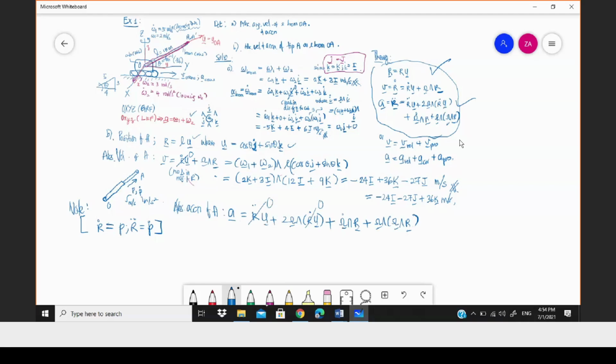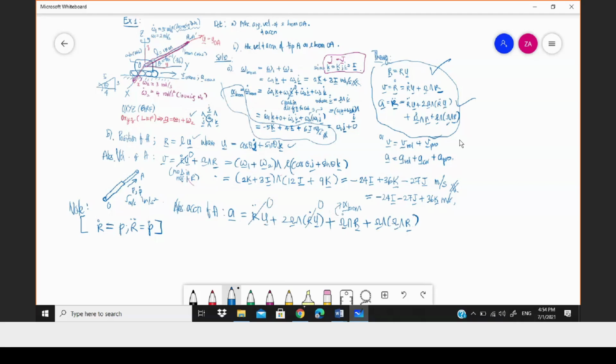So we have omega dot. What is omega dot? This is the alpha of the boom itself, the absolute, which is given by this. So the rest of the terms you already have, so we can just bring the result.